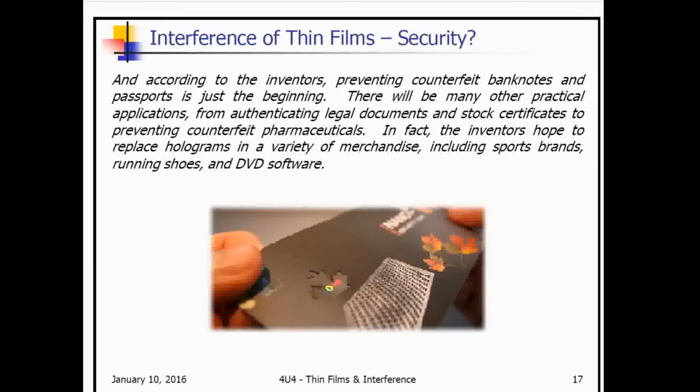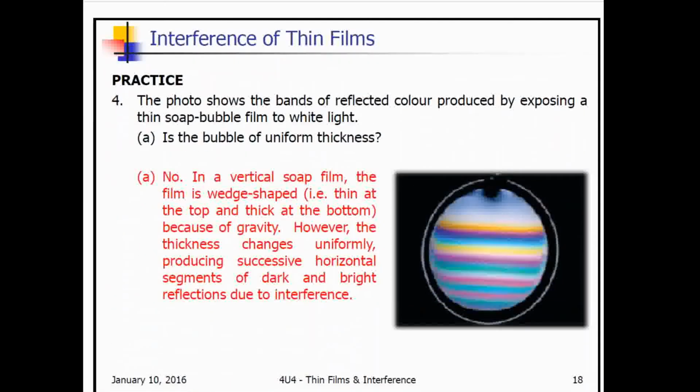With a DVD or a CD, you can actually see a thin film in action by tilting it with the light. Holograms are another aspect of thin films. Holograms can be produced by thin films, although I'm not really familiar. It's one thing that they give here as an example.